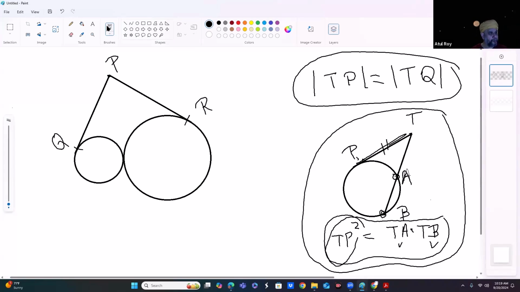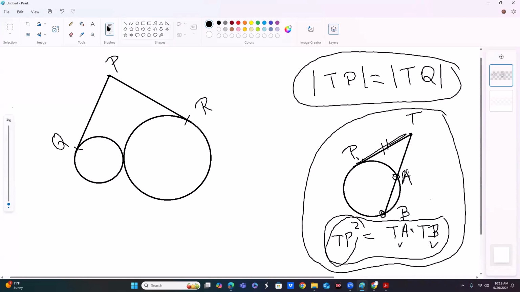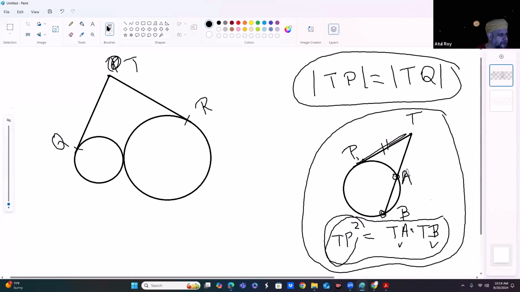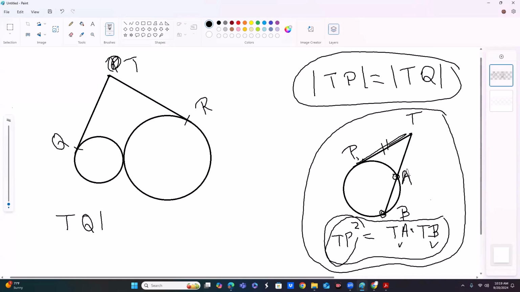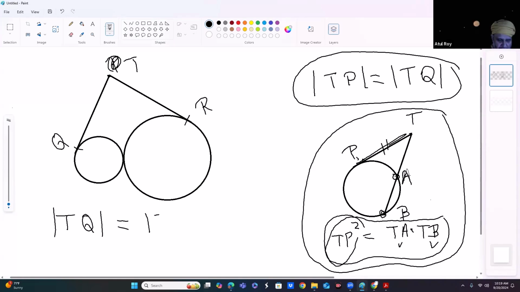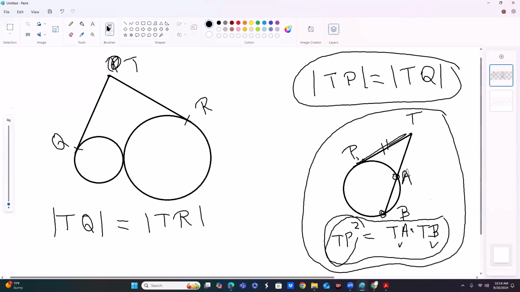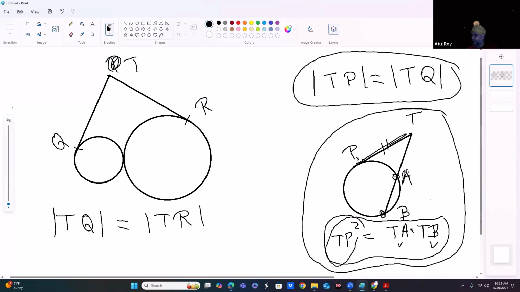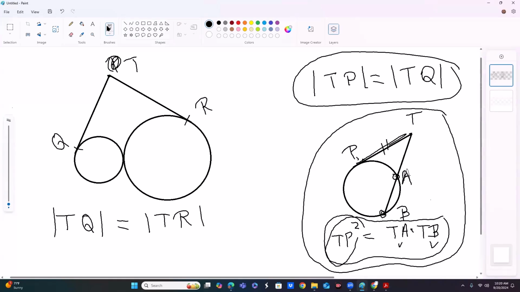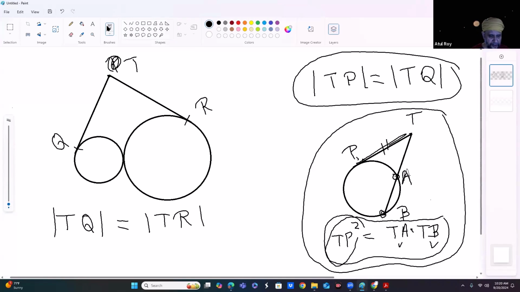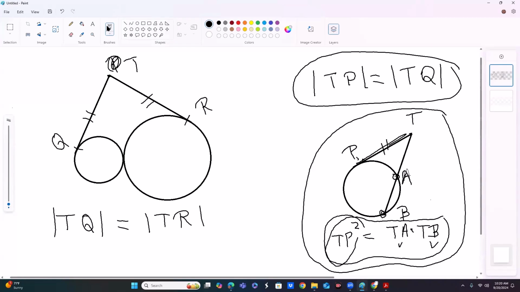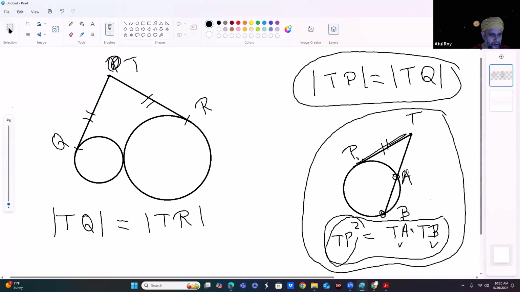And they want us to prove that, oh, sorry, this is T. So they are asking us to show that TQ equals PR. Am I correct? Yes. Okay. So we have all this, right? So tell me, how would I do that? I have to show this, right? Yeah, think about it.